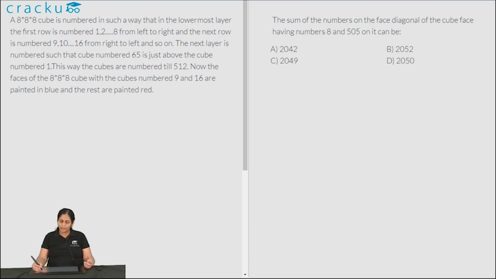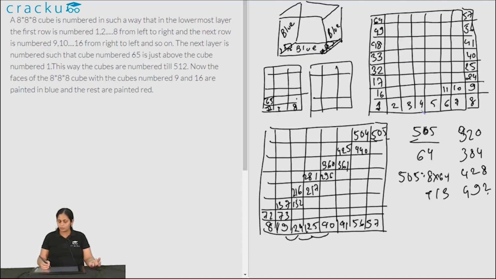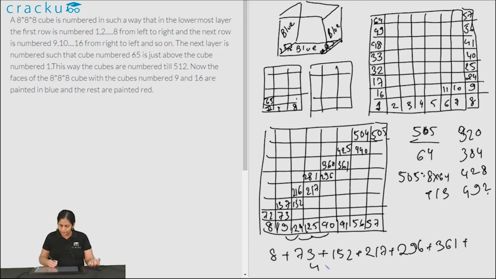Okay, I have already filled out one diagonal. If I get any of these options, then I can directly tick the right answer. So let me calculate the sum of the numbers on this particular diagonal. That is 8 plus 73 plus 152 plus 217 plus 296 plus 361 plus 440 plus 505.